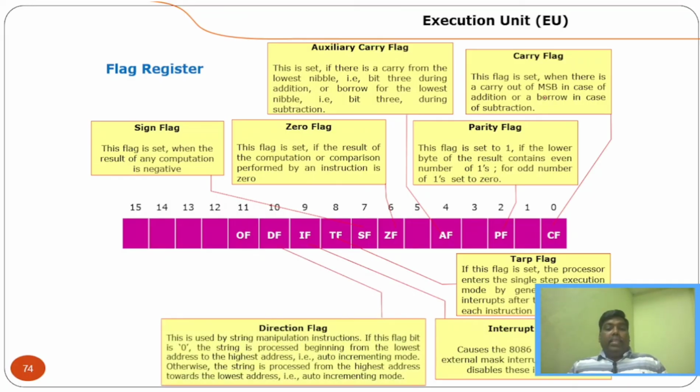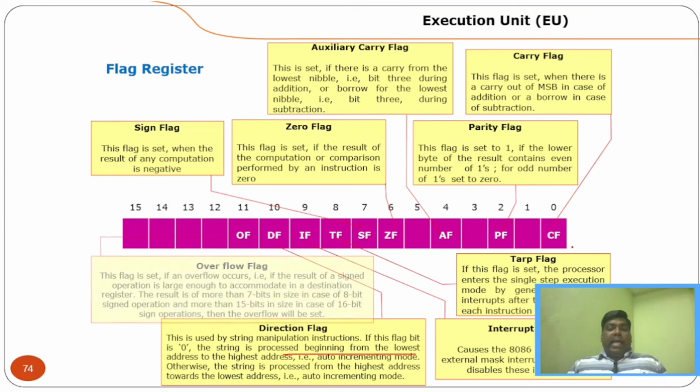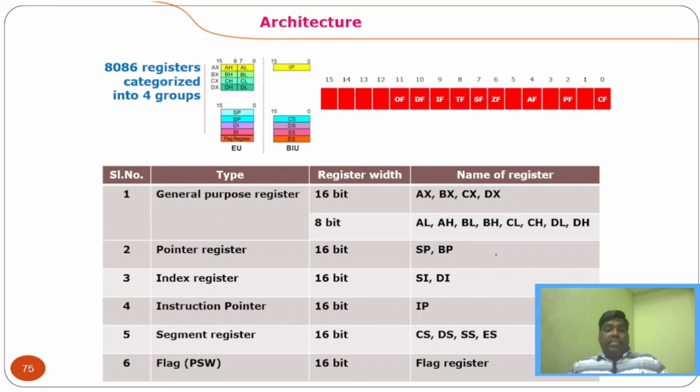Similarly, the direction flag is used mostly for string operations. If this flag is 0, the string operation is processed from the lowest address to the highest address, and if it is 1, it will be processed from the higher address to the lower address. And the last flag is the overflow flag. Whenever there is an overflow of data after an arithmetic operation, this particular flag will be enabled. So this is about the flag registers.